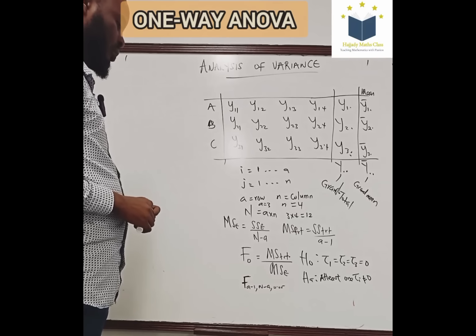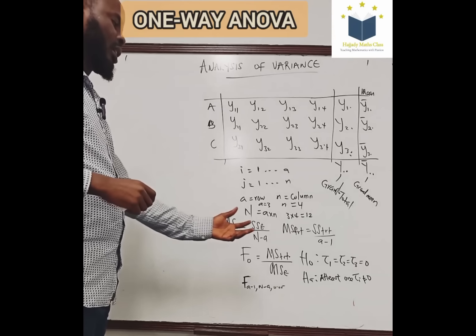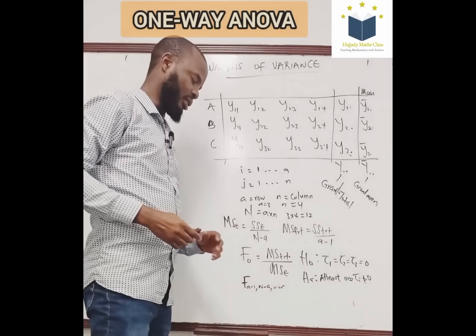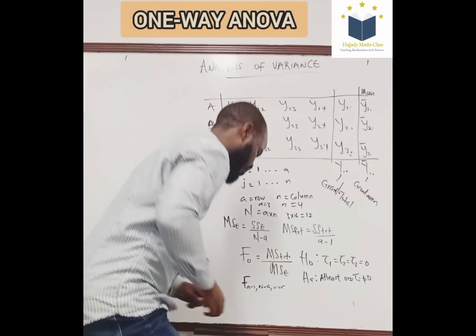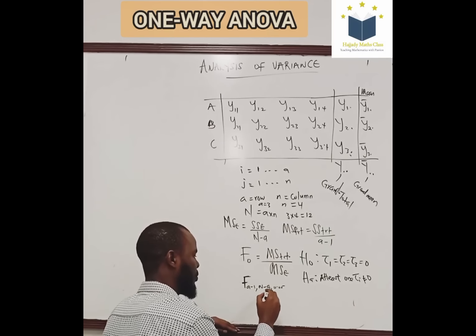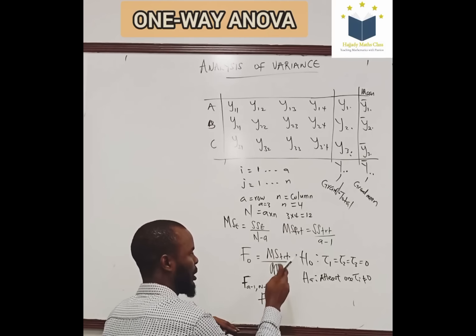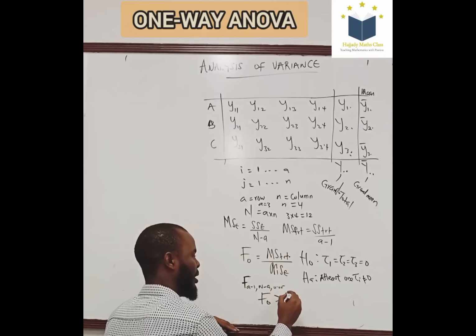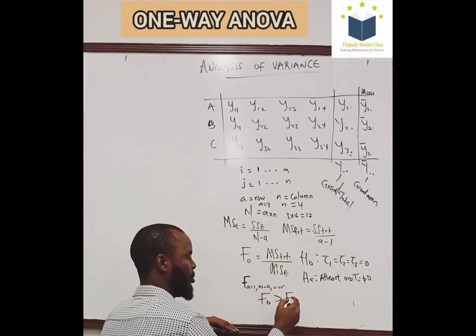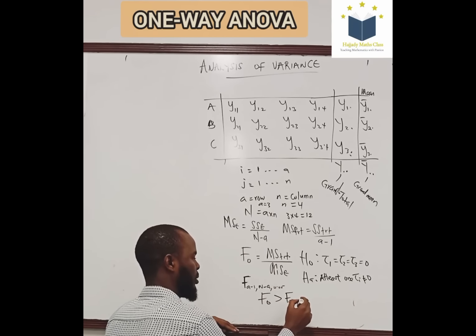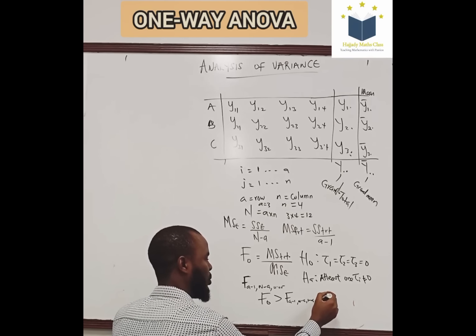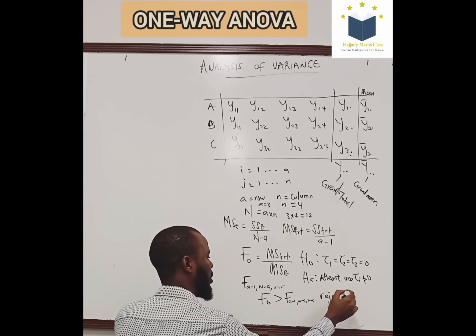Now, what are the conditions for rejecting your hypothesis, or not rejecting it? If your F observed, the value you calculated, is greater than your F table value, you reject H naught.